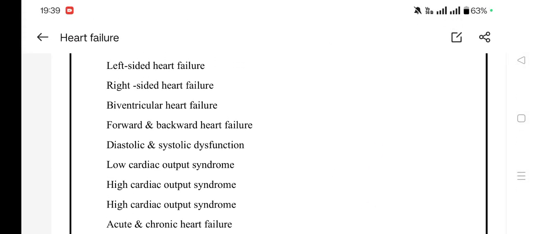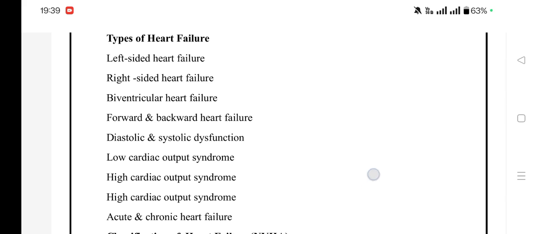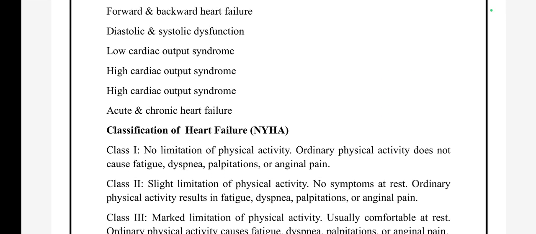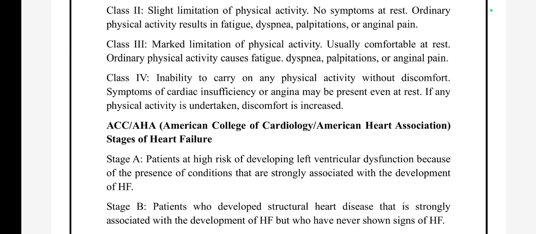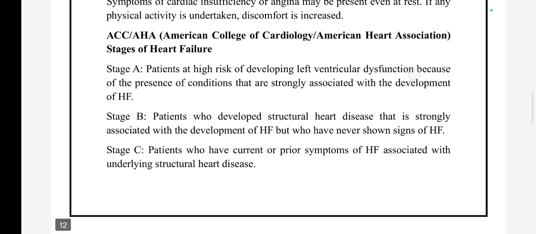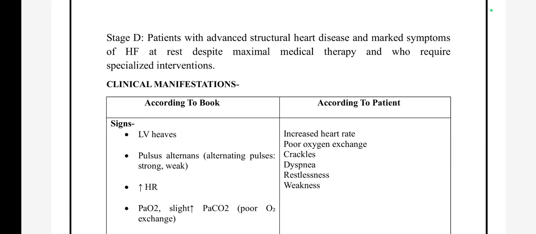There are different types of heart failure. You have to explain the classification by the NYHA, New York Heart Association, and the American College of Cardiology, American Heart Association categories, and mention in which classification your patient is categorized.